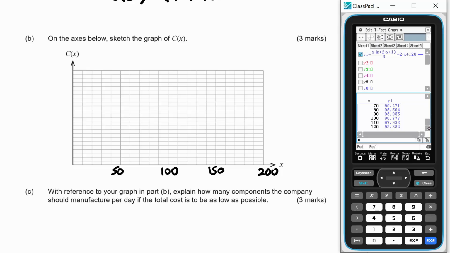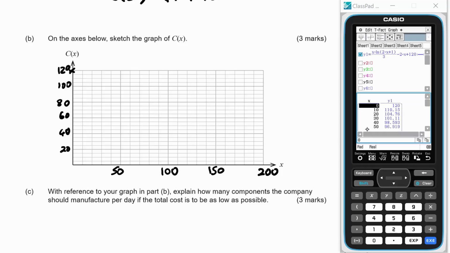So yeah, it looks like 120 is the highest. So 20, 40, 60, 80. Yep. So if we make this one 120, and then that'll be 100, 80, 60, 40, 20 down there. So we have got 0, 120.